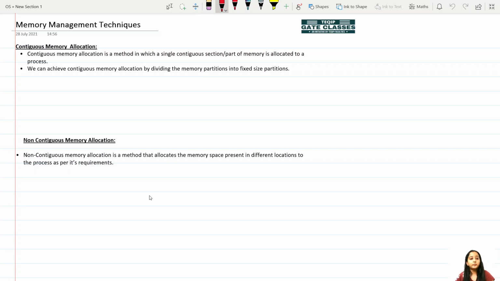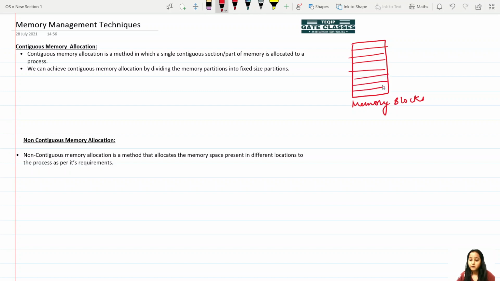We can achieve contiguous memory allocation by dividing the memory into fixed size partitions. See here, suppose we have memory blocks here, and this is the process.